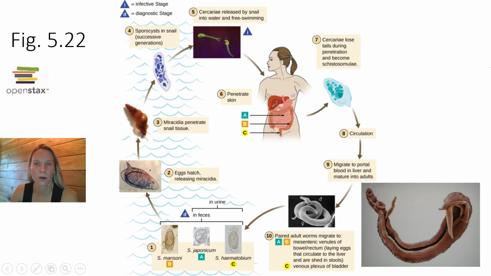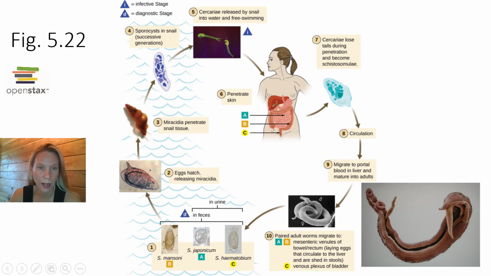Okay, we'll look at that one more time, this time in picture form. Let's start down here, where it's talking about the urine or the feces having the egg stage. This is what the egg stage looks like, microscopic.